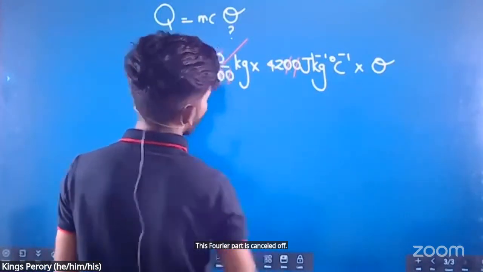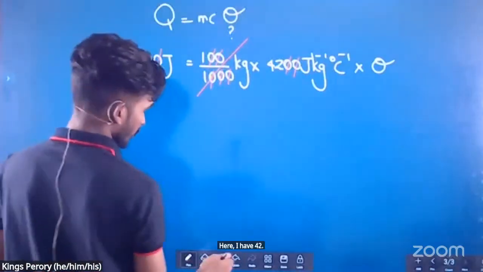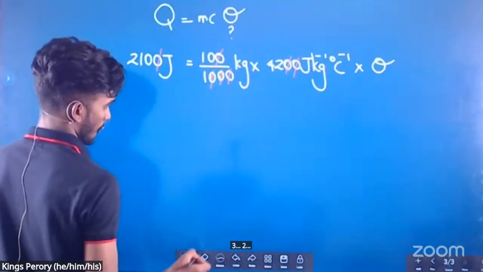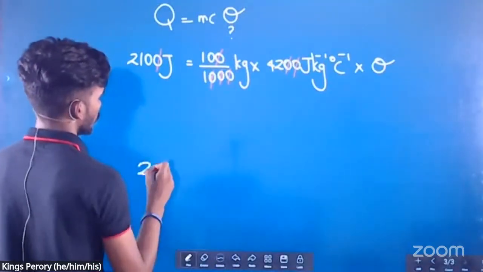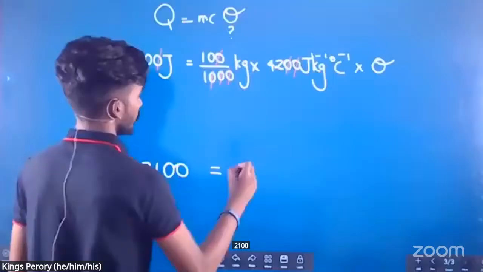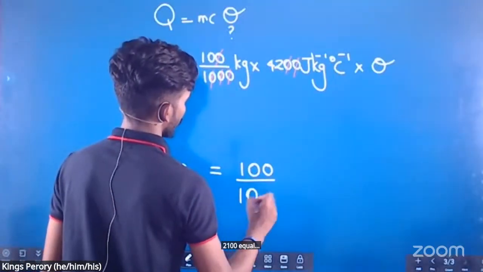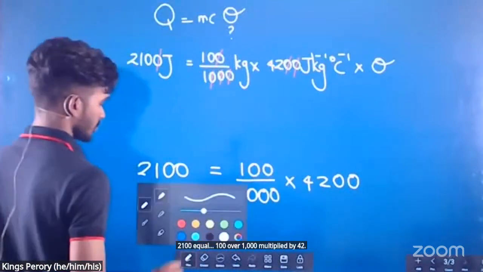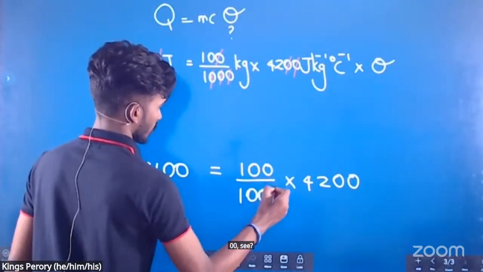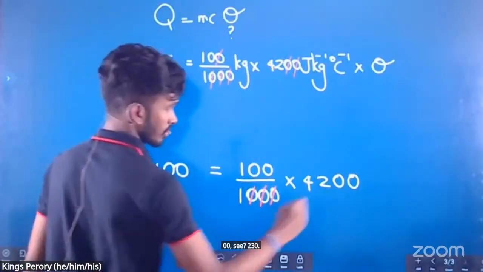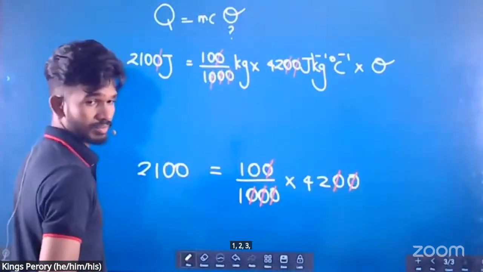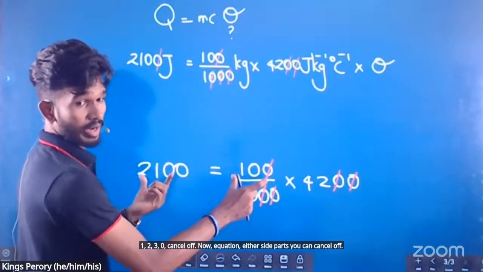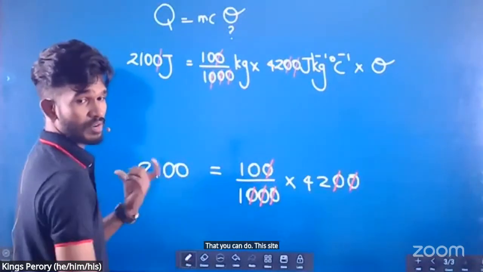Here I have 42, which I can't cancel. Look at the equation: 2100 equals 100 over 1000 multiplied by 4200. You can cancel the same values on the left hand side and the right hand side.